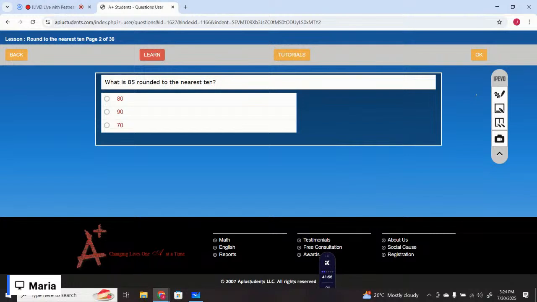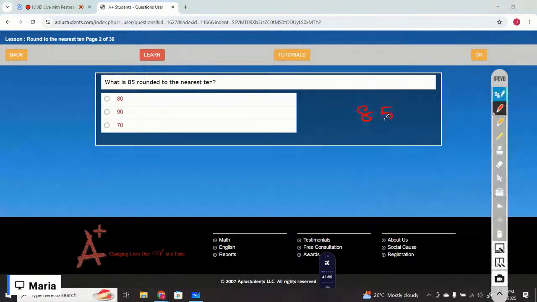85, right? 8 is at the tens position. On the right hand side of 8, we have 5. 5 is equal to 5. So when they are exactly equal, that means you need to round up.